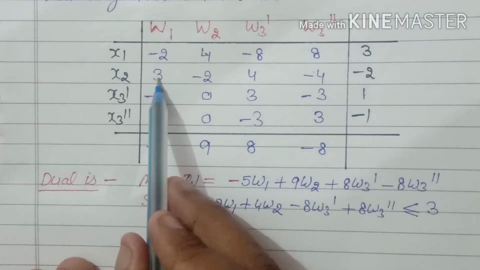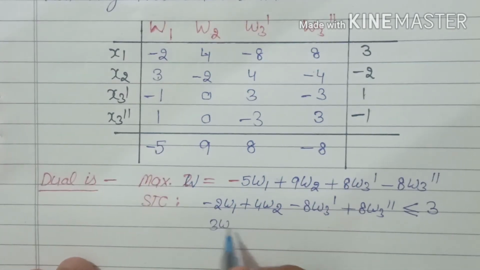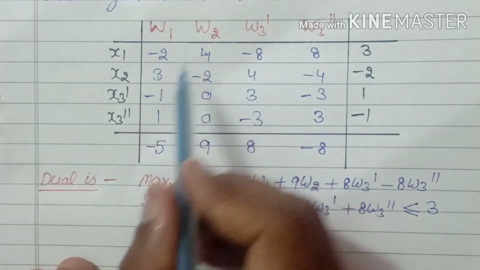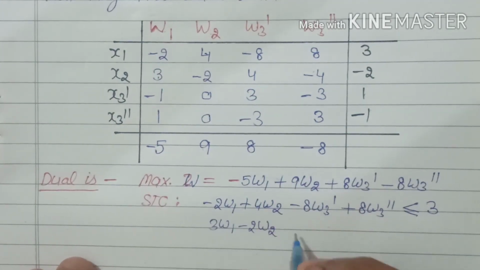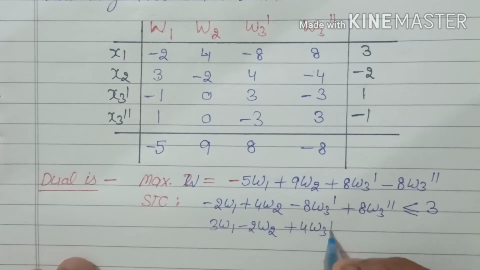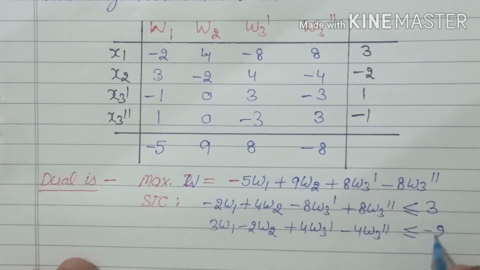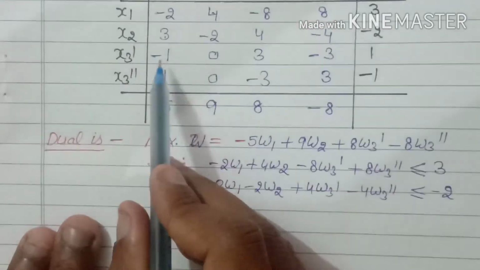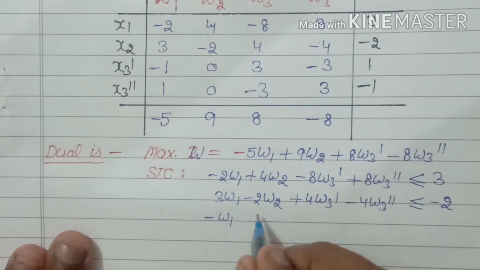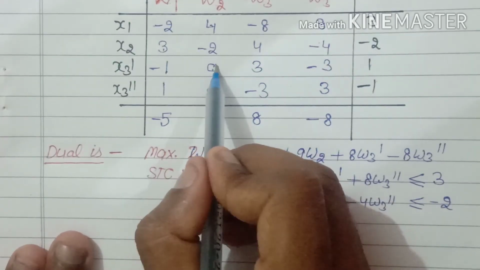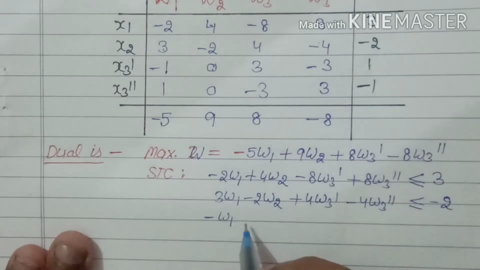Now let us move to the second row. Here the value is 3, then we have to multiply this with w1, so 3 w1, multiply this minus 2 with w2, 4 with w3 dash, and minus 4 with w3 double dash. Again this is equal to minus 2. Then consider row number 3, minus w1, there is no x3 dash here, so this will be 0.